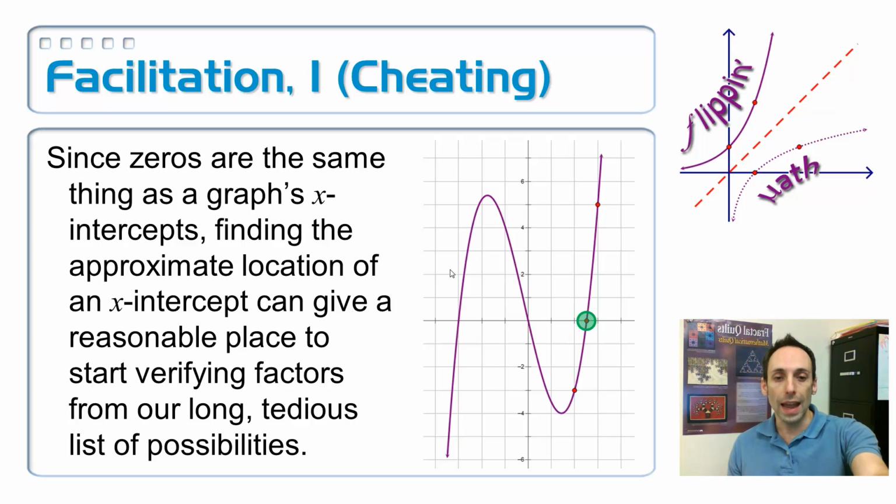And if I look at the graph, it looks like it's at 2.5. If 2.5 was part of my list, and of course it would be in fraction form, 5/2, then I could synthetically divide by that and get the rest of the answer that I could use and try to factor, okay?